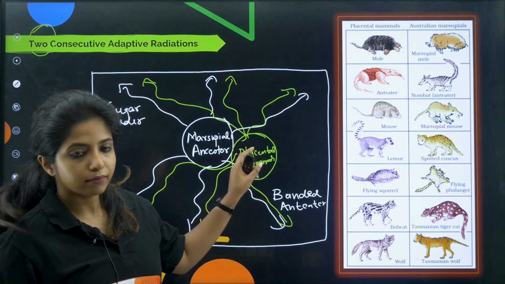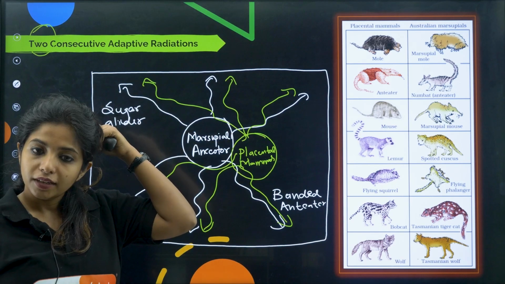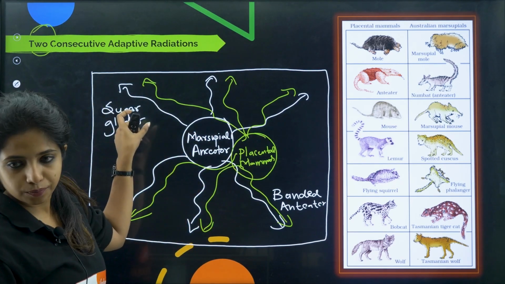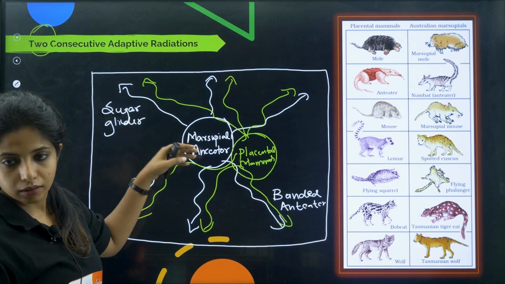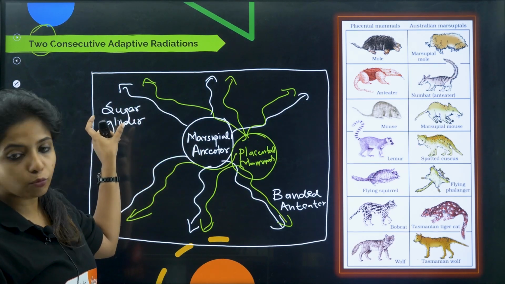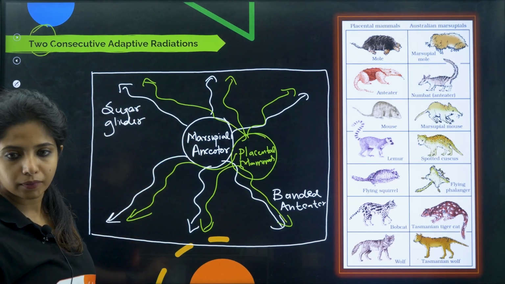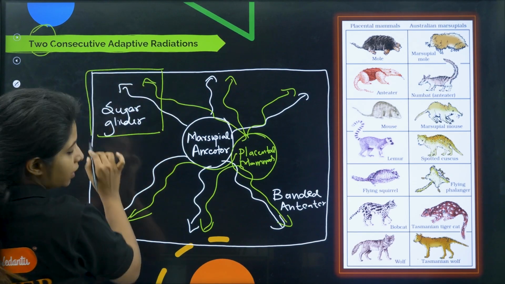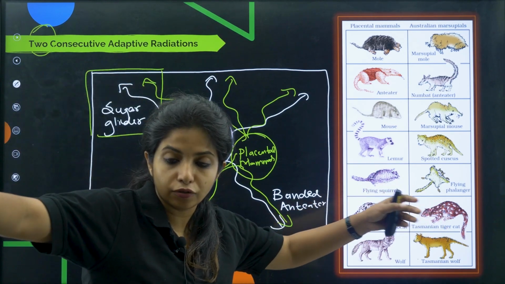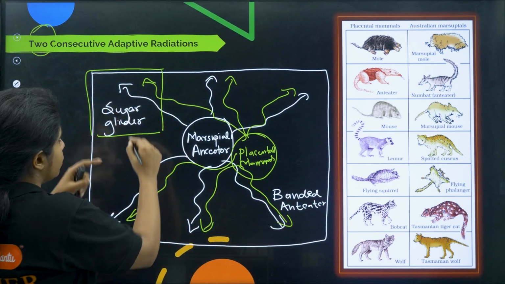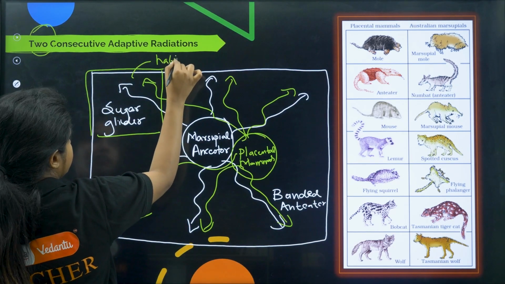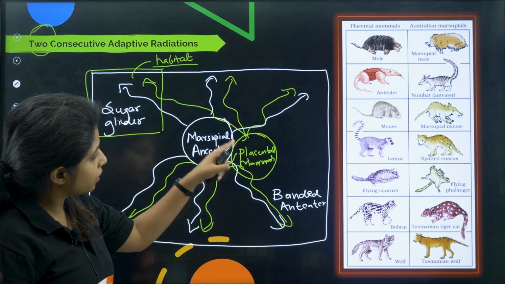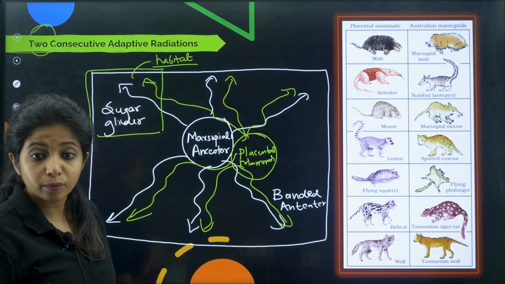Now, adaptive radiations happened. Now what will happen? The placental mammals, they reached here. Marsupial ancestor also got radiated, and now we have one type of organism over here, that is sugar glider. Sugar glider has a wing sort of thing. It does not have a wing exactly, but it has something to fly because the habitat in this geographical area is like that. So the placental one that came will also have similar resemblance.